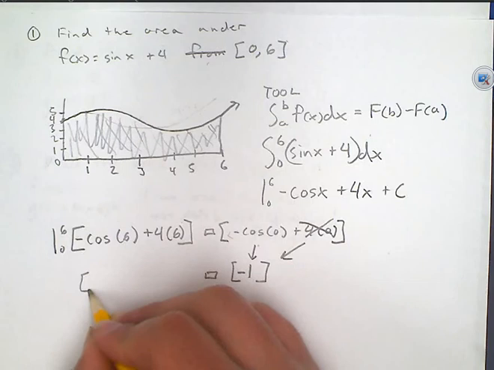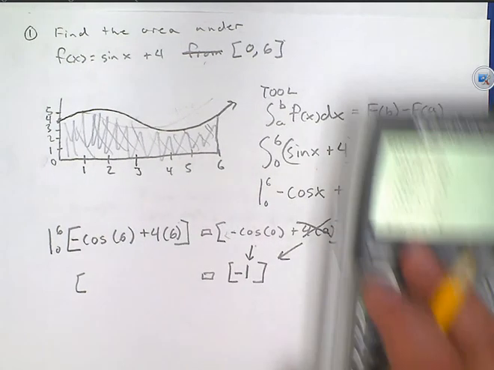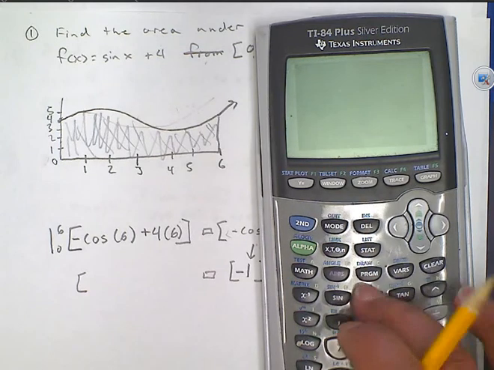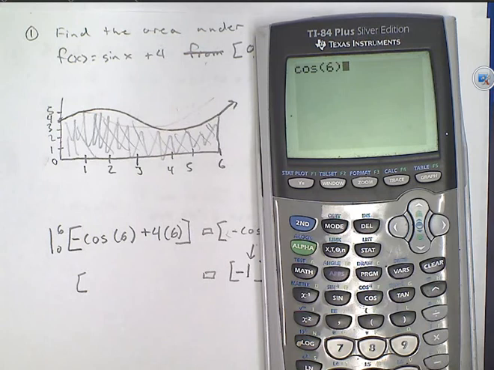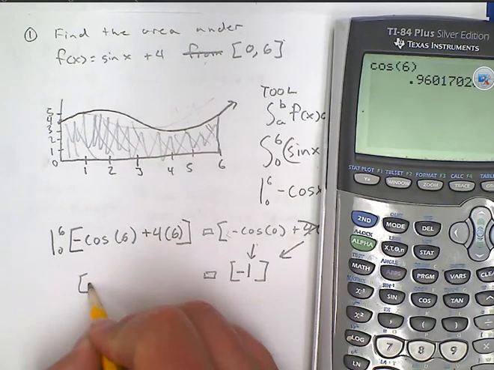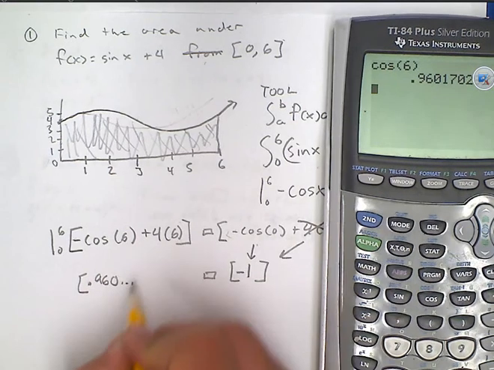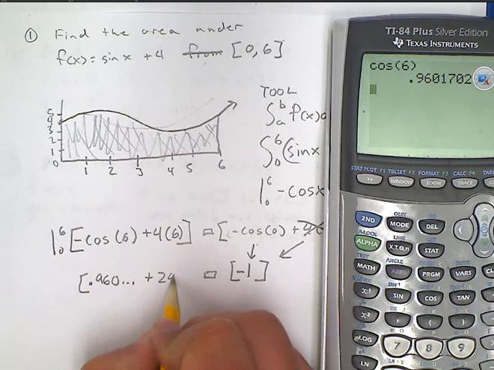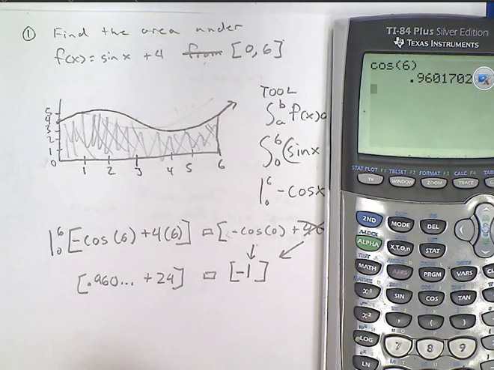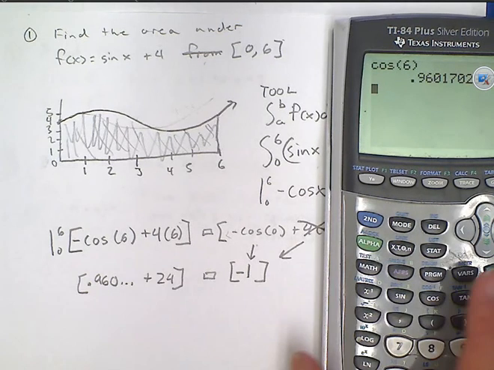And I don't know what cosine 6 is, so I'm going to have to take out my calculator. Show me what that is. Cosine 6 radians: 0.960 dot dot dot. Plus 24. Okay. So 0.960 plus 24. So I'm going to use my calculator here.